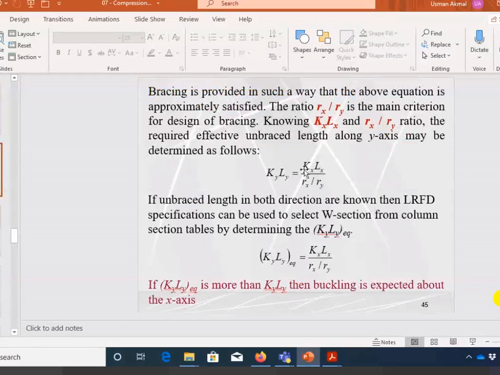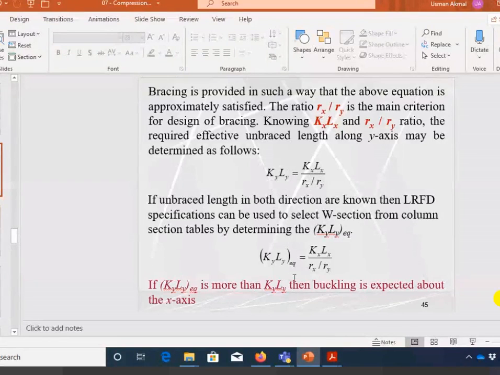And from here, if I bring Rx and Ry to the other side, I am converting the effective length about the x-axis into the equivalent effective length with reference to the y-axis. It means that if I divide the effective length about the x-axis by the Rx over Ry ratio, I have converted it into the equivalent effective length about the y-axis.